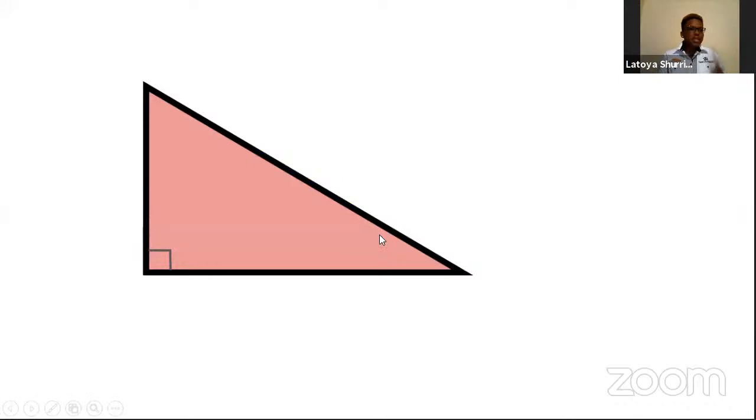All right, so I'm seeing Ashanti has a squared equal b squared plus c squared. Dana is saying a squared plus b squared equals c squared.